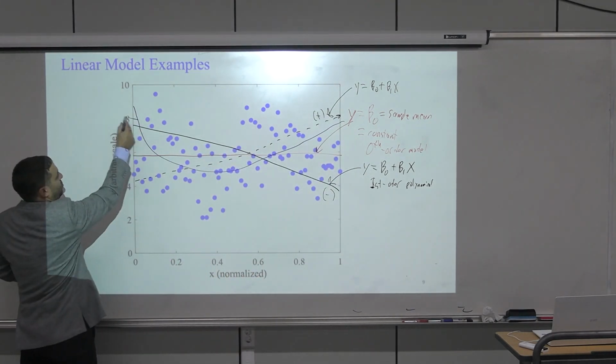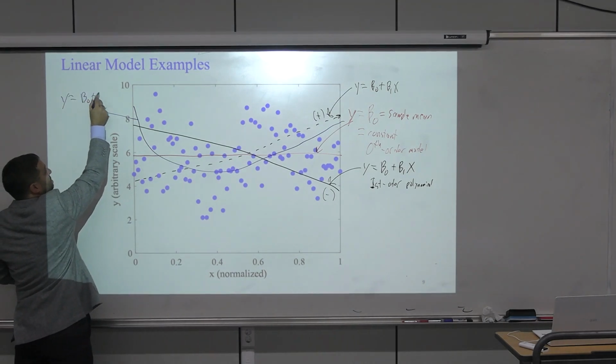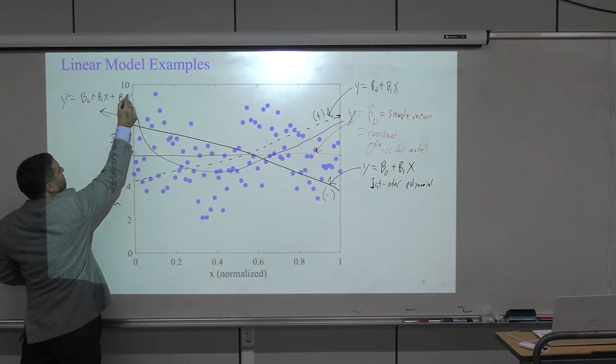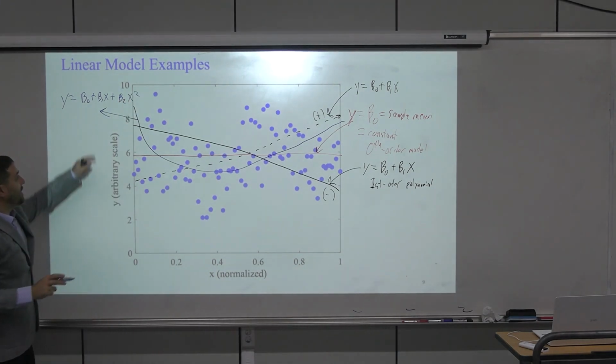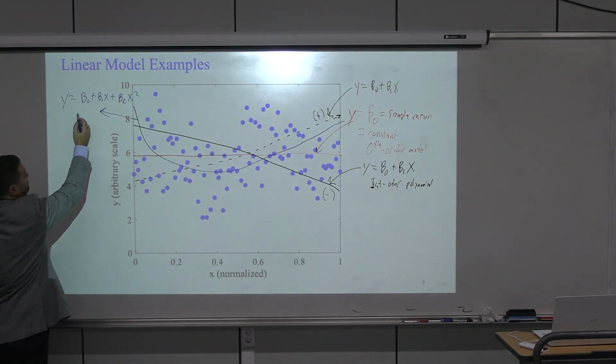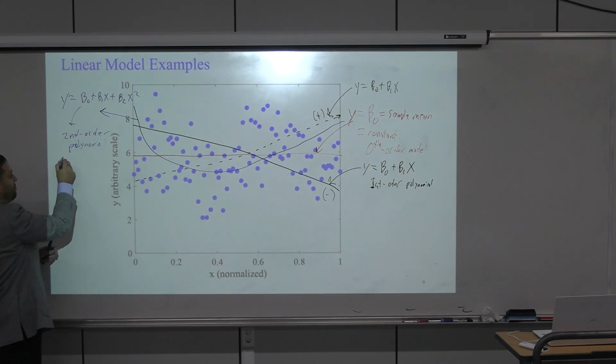And there would be an equation for this curve, y equals beta naught plus beta 1 times x plus beta 2 times x squared. So this would be a quadratic model, or a second order polynomial.